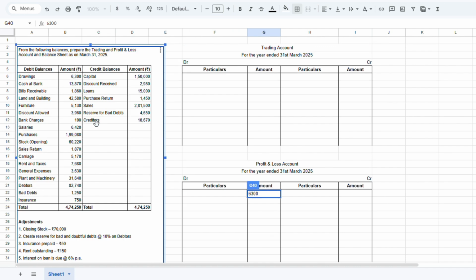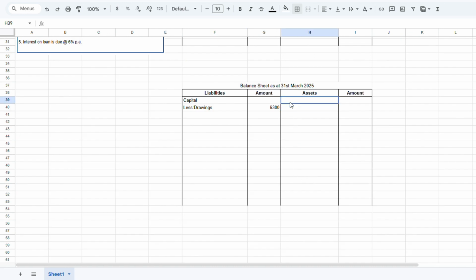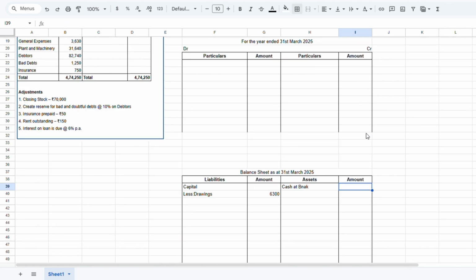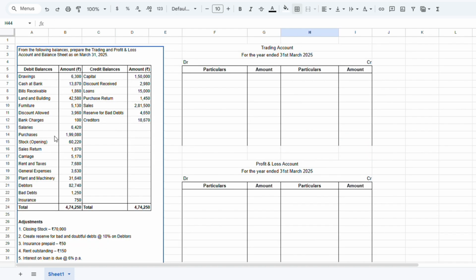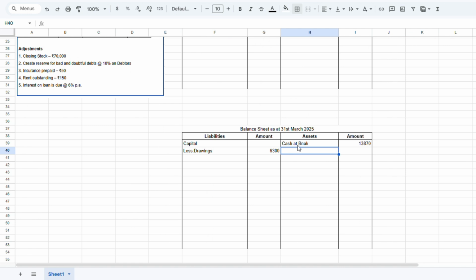Next, cash at bank 13,870. Asset side, cash at bank, that is 13,870. Next, bills receivable 1,860. Bills receivable 1,860.